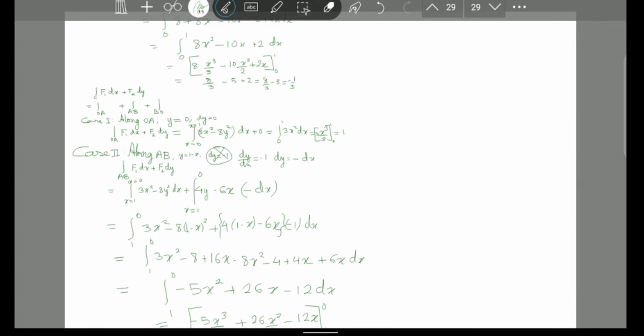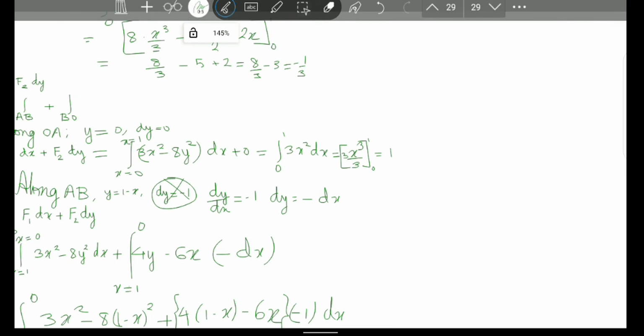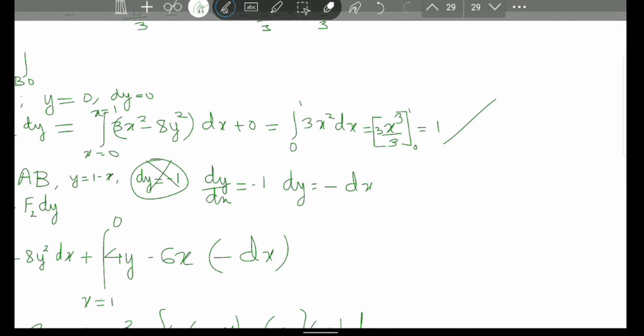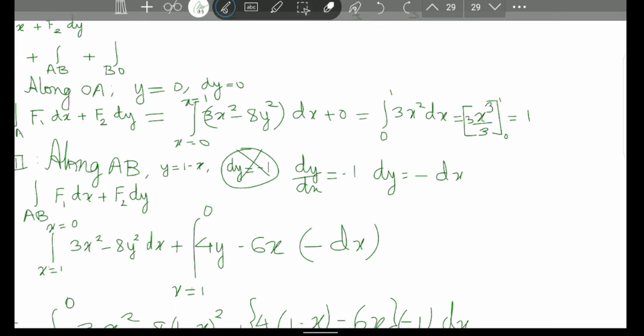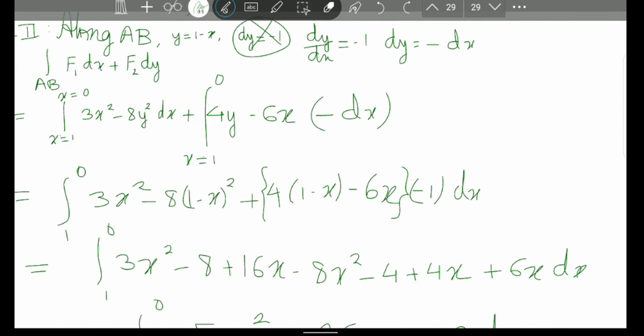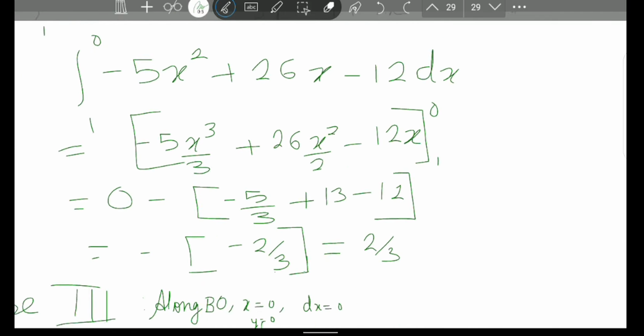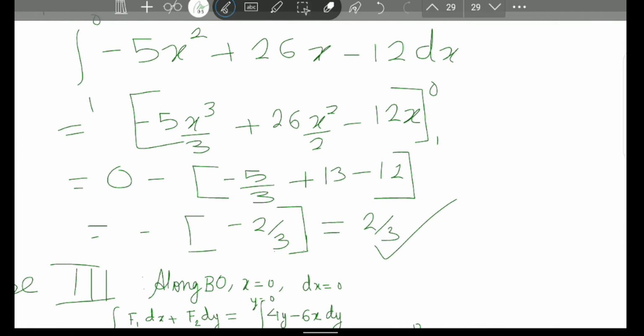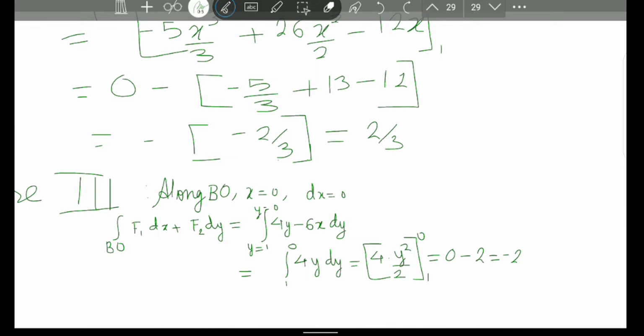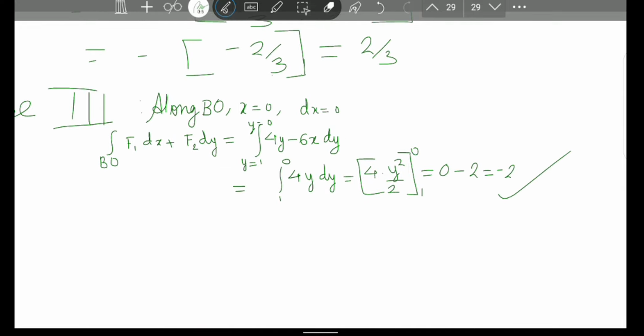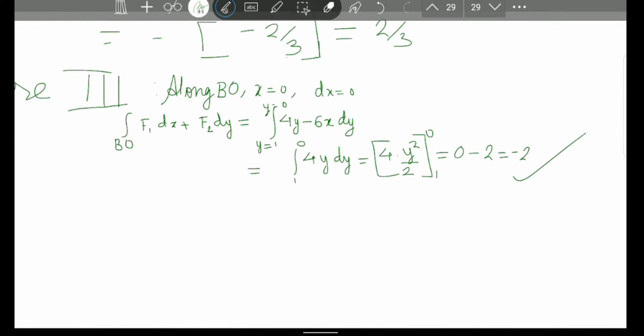Well, then we have computed the integral along OA, and that turned out to be 1. And along AB, we got the integral equal to 2 by 3, and along BO, minus 2.